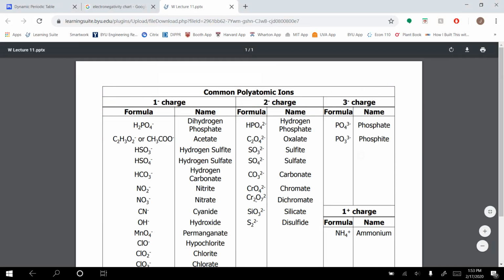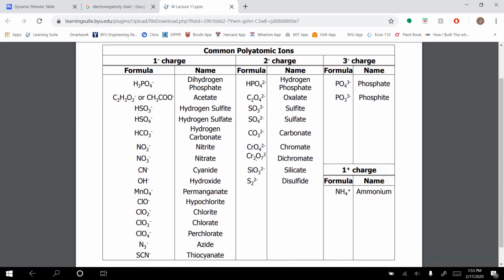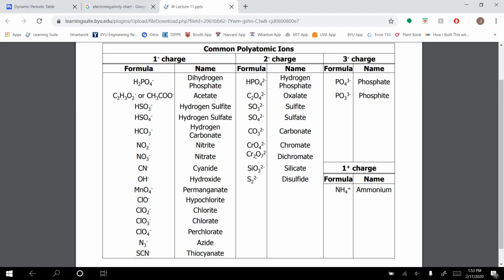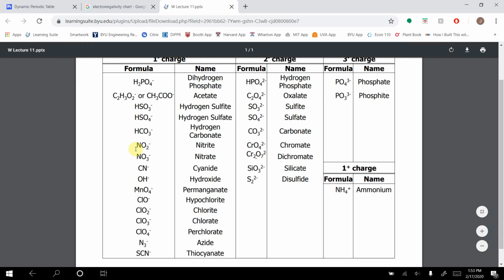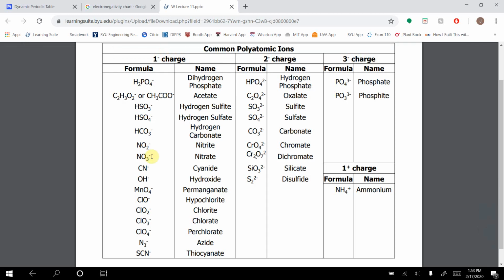All right, so here we have a list of some common polyatomic ions to know. So, for example, NO2-. So that N and those two oxygens are covalently bonded. They're a molecule. They're bonded to each other, and together they have a -1 charge.